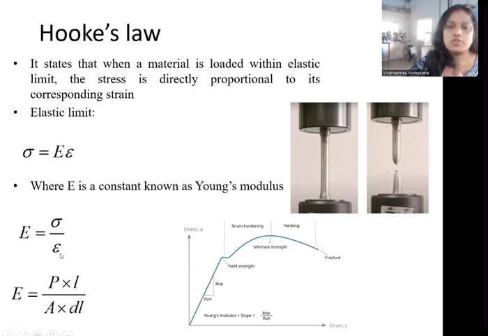If we put the formula for stress and strain, we will get this equation: Young's modulus is equal to PL by A into DL. DL is the deformation or elongation, L is the original length, P is the load applied to it, and A is the area of the cross section. Here you can find out what DL is. DL equals PL by AE. This formula will be utilized in further calculations.